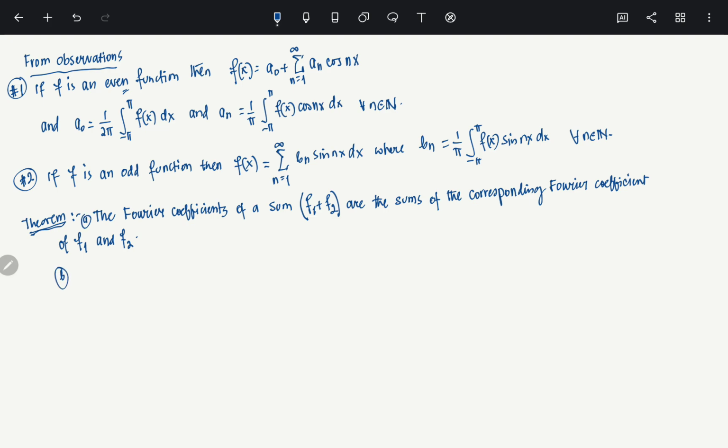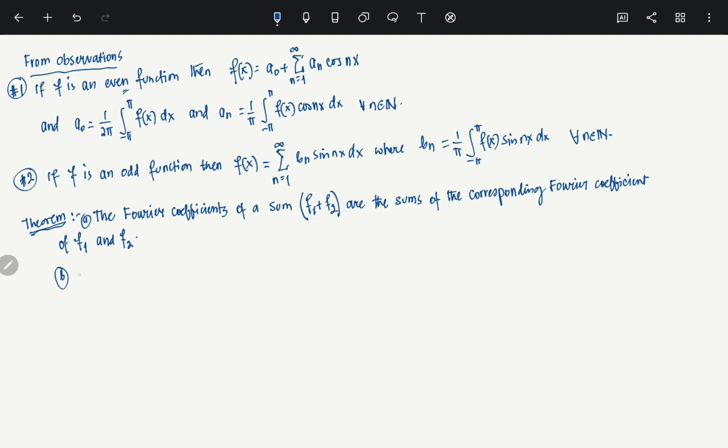So this is basically the Fourier vector space part of it. If you take all such functions for which the Fourier series is defined, of a particular period, the Fourier coefficients actually form a vector space.